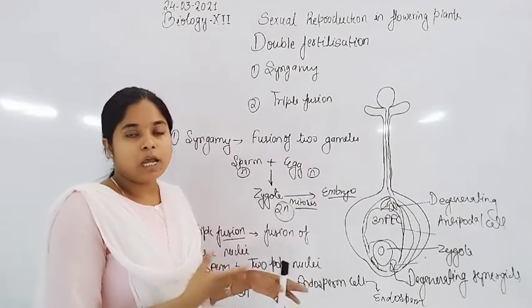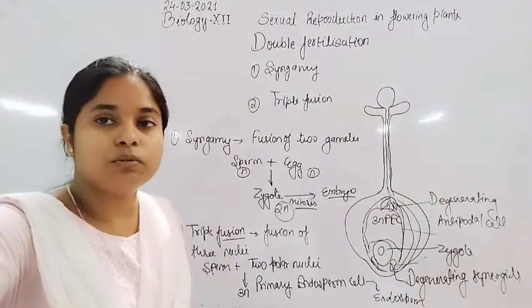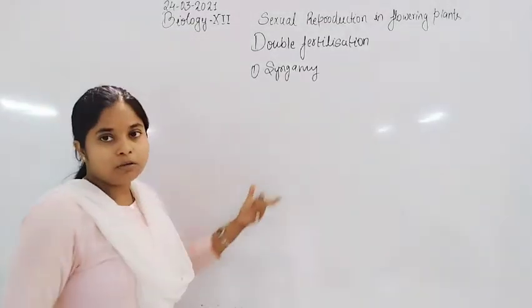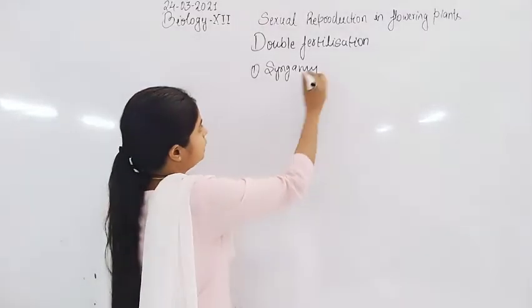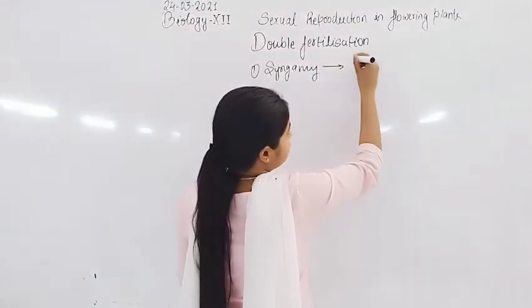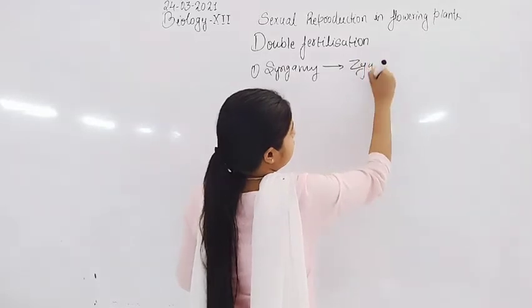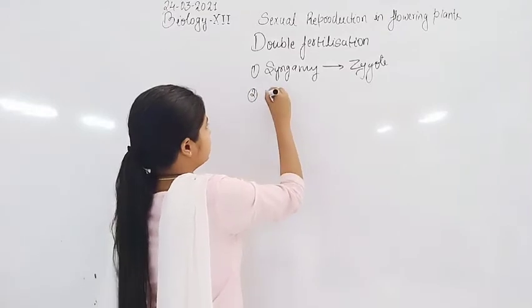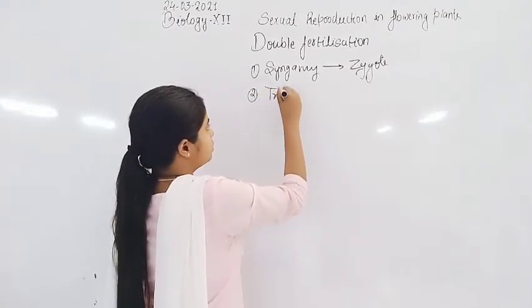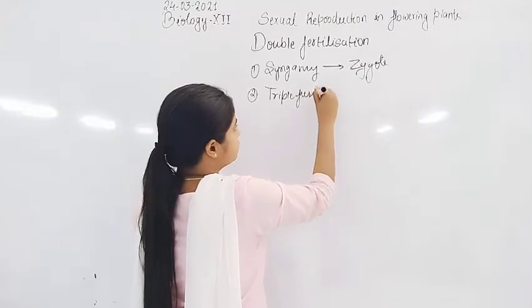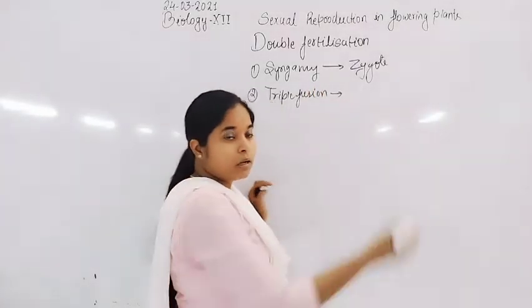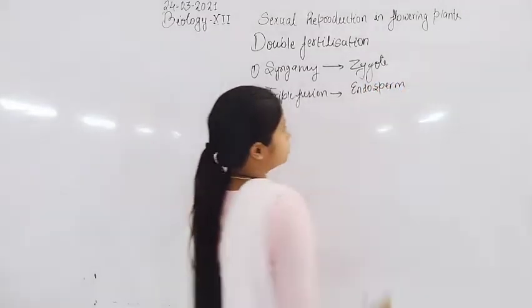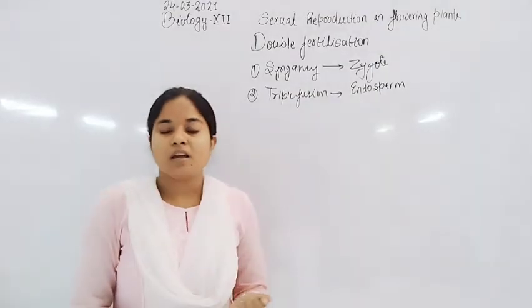Let us discuss with the help of a diagram. If we talk about the development, syngamy results in the zygote, and the result of triple fusion is endosperm.